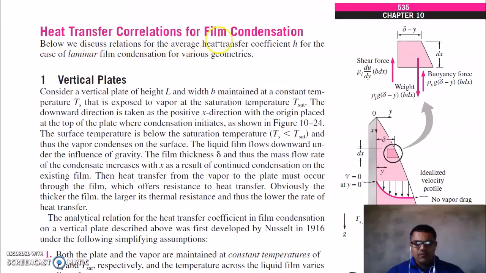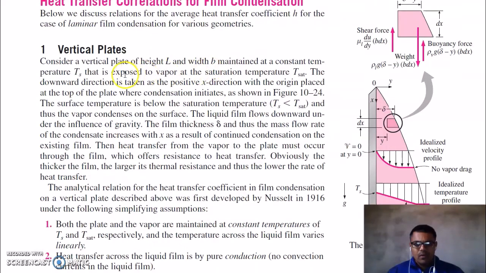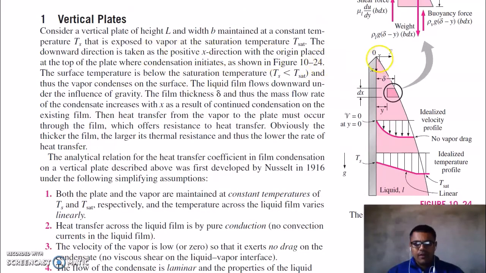Heat transfer correlation for film condensation. Take the example of this vertical plate of length L, width B, in this direction this is your B, maintained at a constant surface temperature Ts, that is exposed to vapor at saturation temperature T saturation.